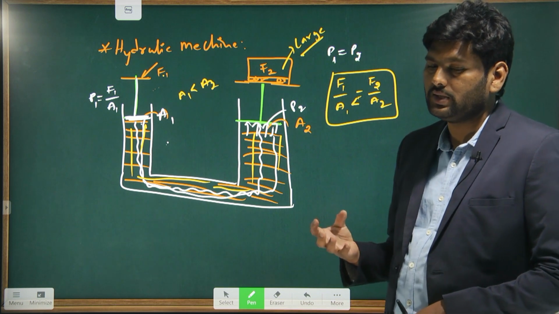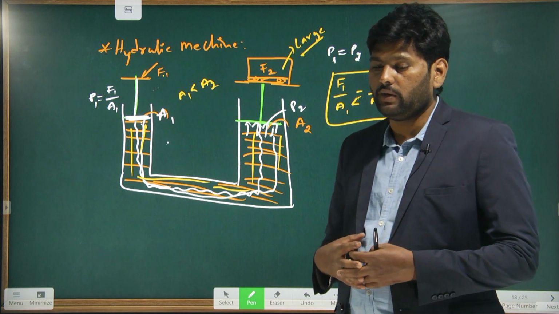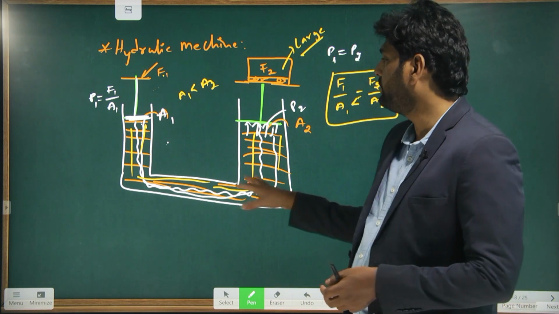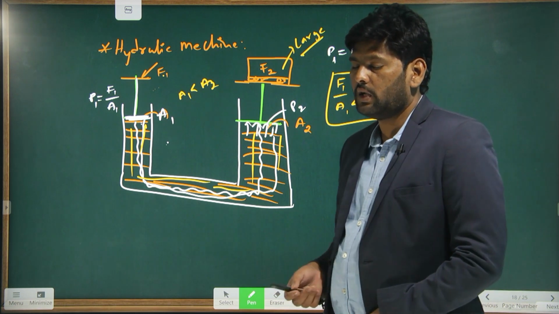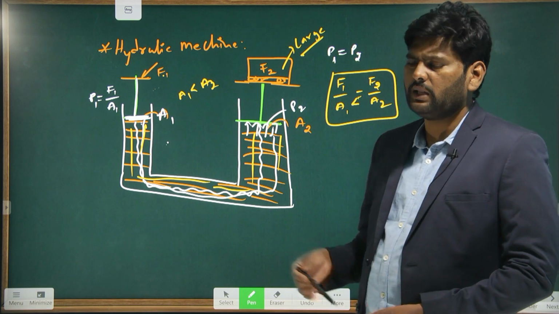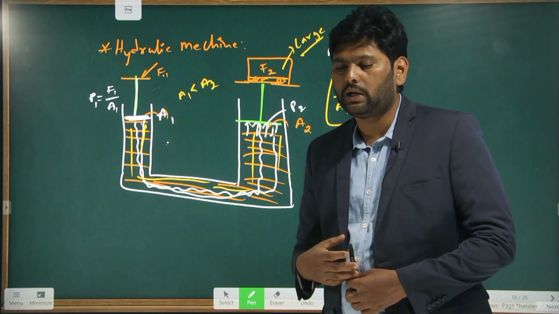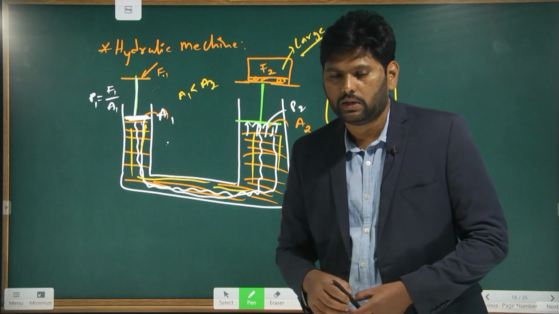Such kind of oil is known as hydraulic oil, and it is an incompressible liquid. That is the reason we use it here. Instead of hydraulic oil, other liquids may be compressible, so we cannot use other liquids. Got it?